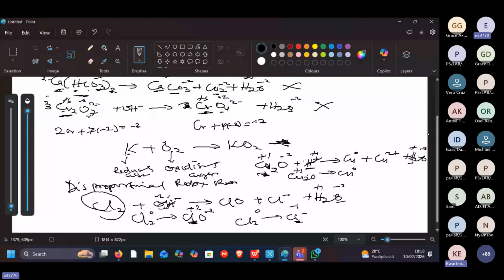So that's reduction. Now the same species, copper(I) oxide, moving to copper 2+: here it is +1, here it is +2. So it has lost electrons. Such a reaction is a disproportionation redox reaction.